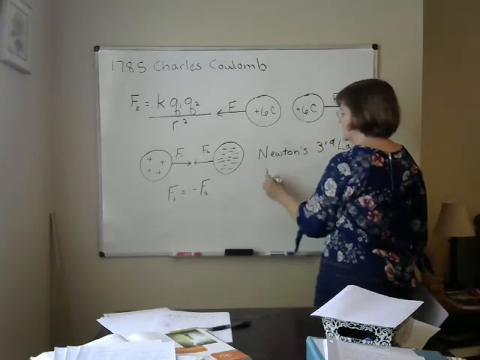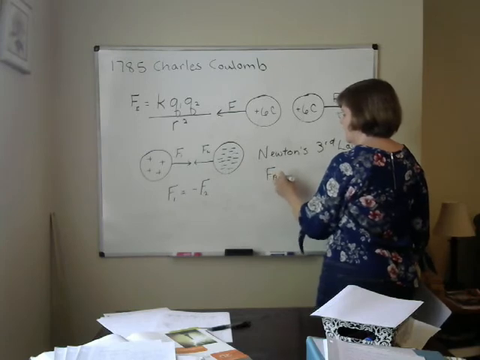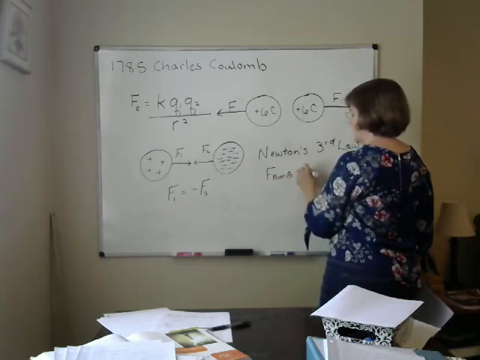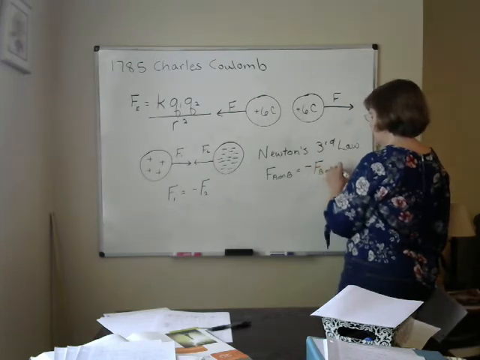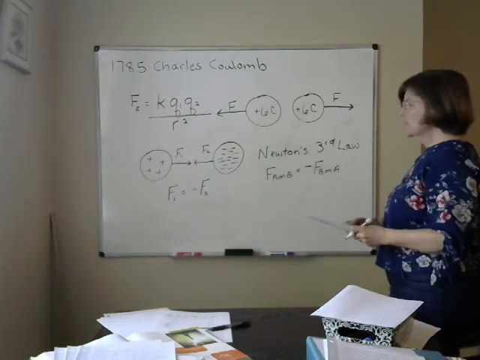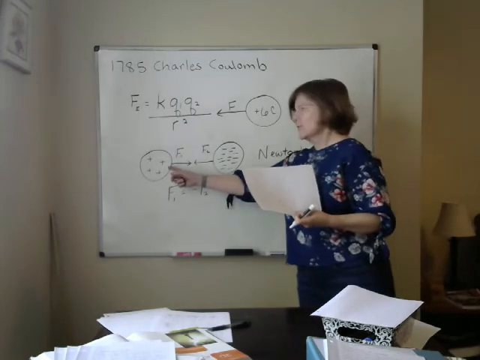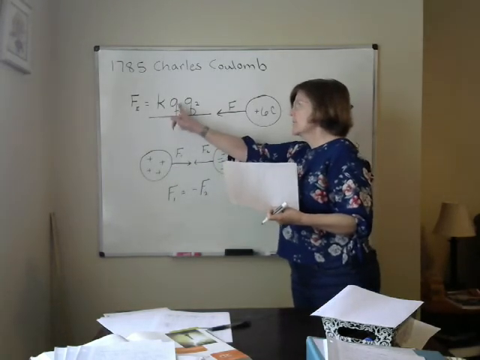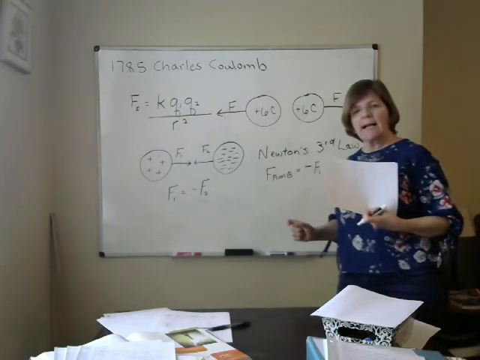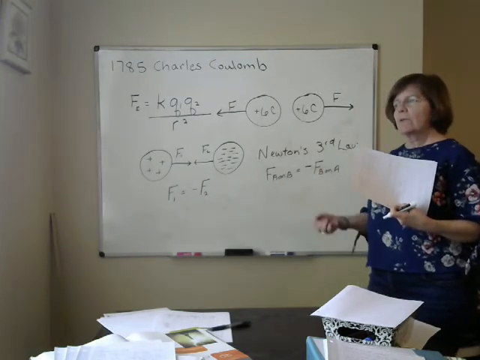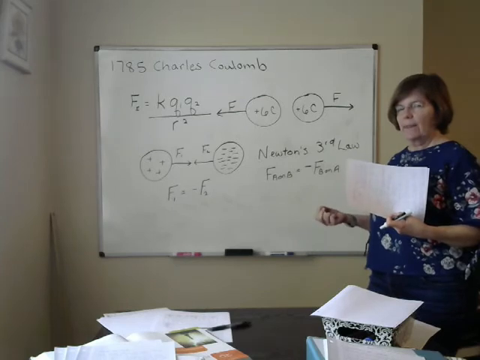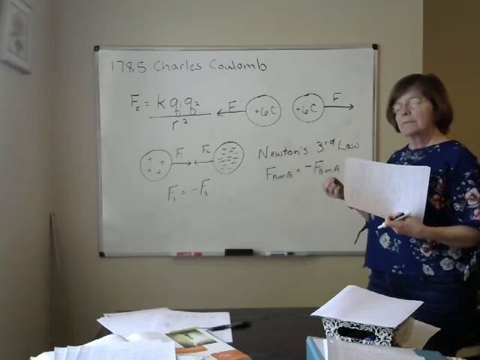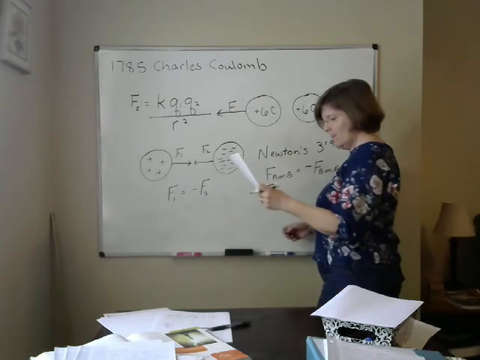It says the force of A on B is equal but opposite to the force of B on A. So even though they don't have identical amounts of charge, this interaction, this K, Q1, Q2 over R squared, is going to be exactly the same. So they're going to feel an equal amount of force. Okay. Hopefully that makes sense to everybody.